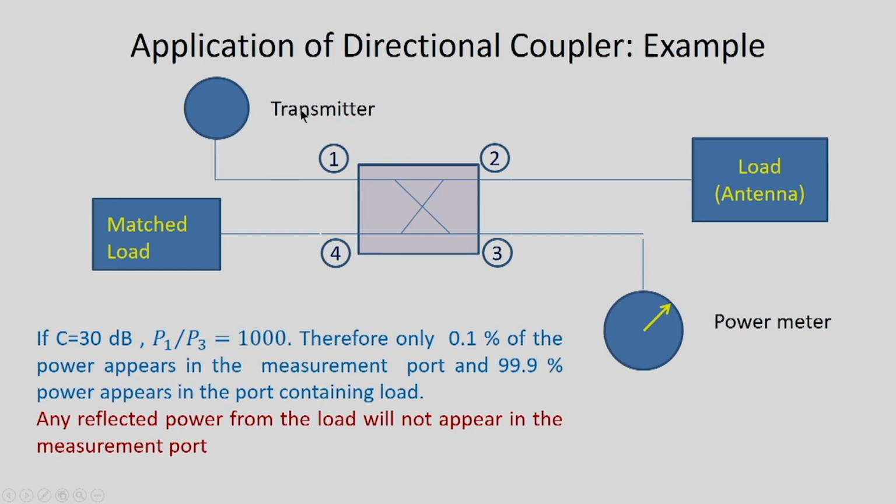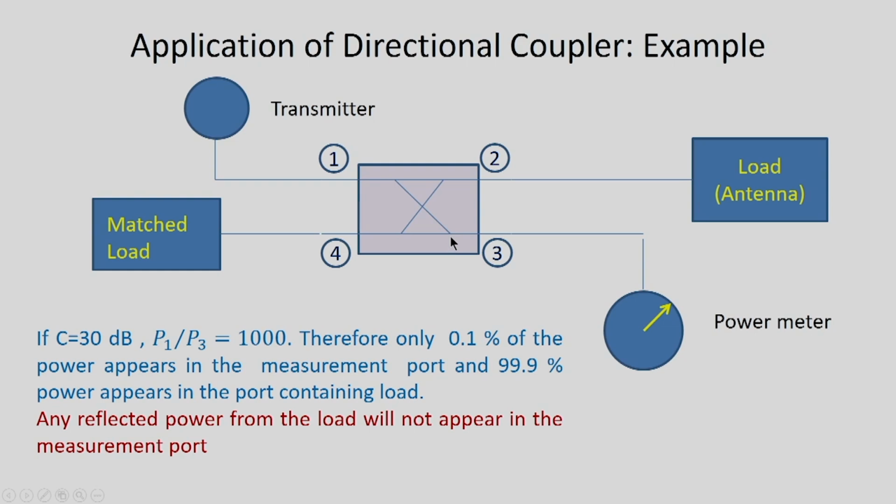Normally, this transmitter will send large amount of power to the load, and by employing this directional coupler here, we sample a small fraction of the power in this port 3, where we perform the measurement by connecting a power meter, and we put a matched load in the port 4.